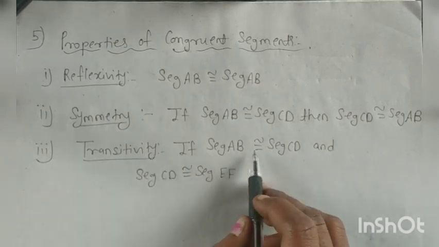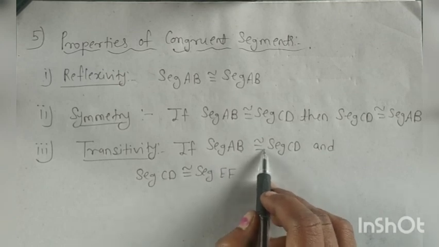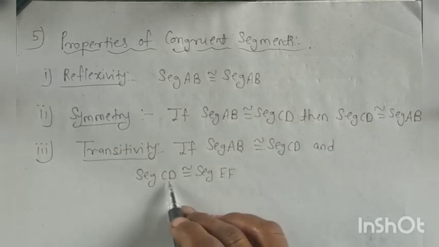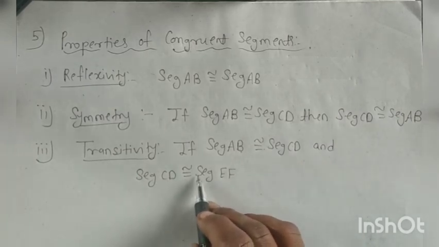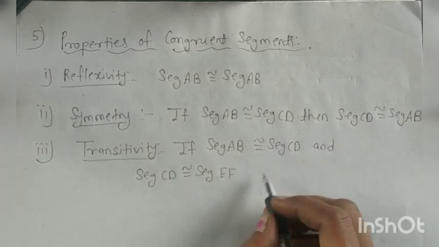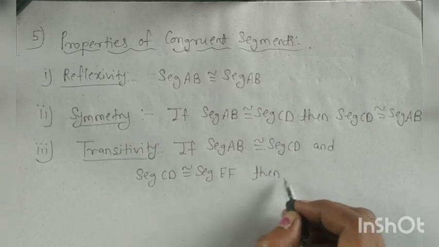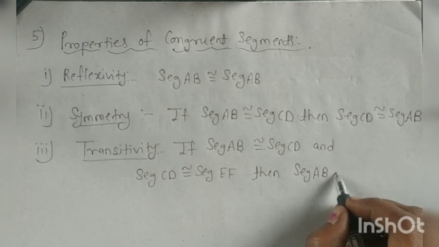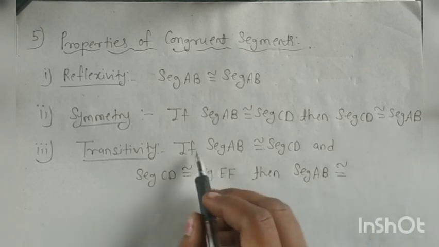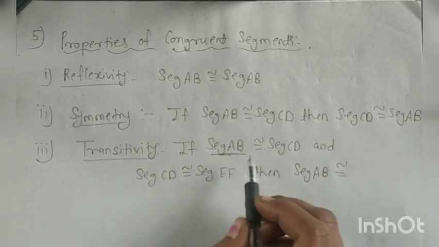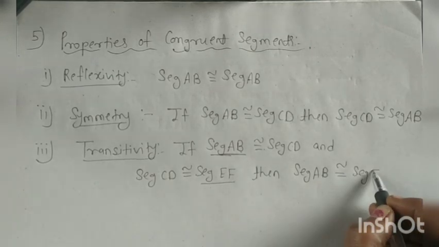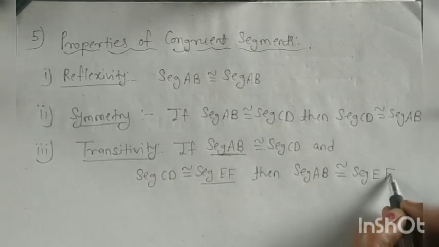If segment AB is congruent to segment CD and segment CD is congruent to segment EF, then segment AB is congruent to segment EF.